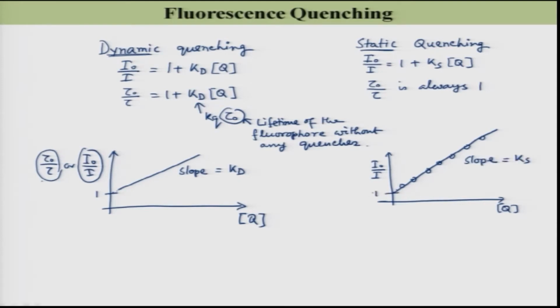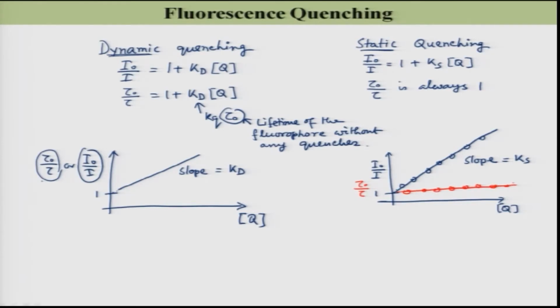But for tau 0 by tau, the value is a constant 1 even if you change the concentration, as we have discussed.